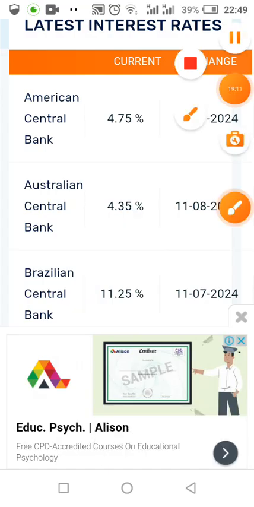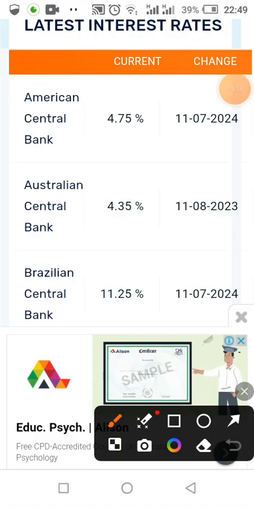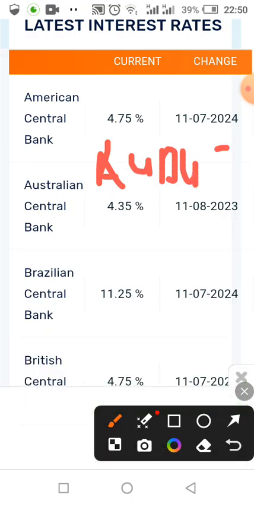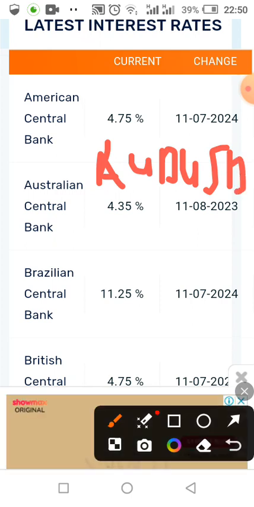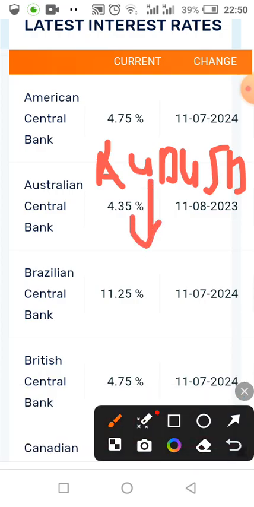This means that if you were to trade the Australian dollar versus US dollar currency pair, which would be AUD versus USD, since the US dollar has a bigger interest rate, you should be focusing on taking sell trades, because the Australian dollar has a lower interest rate.